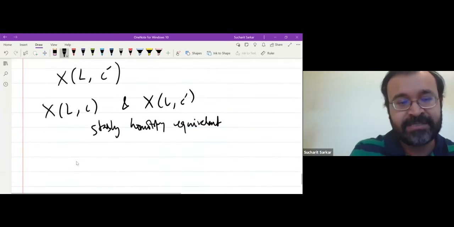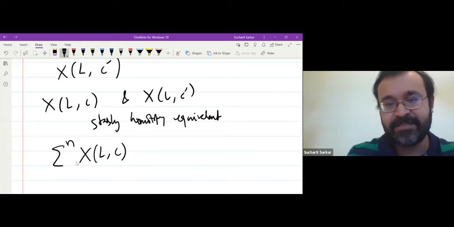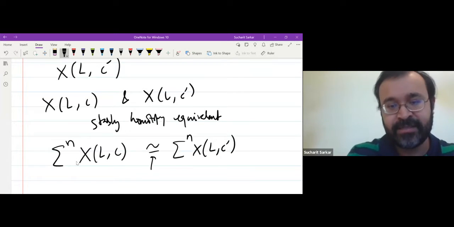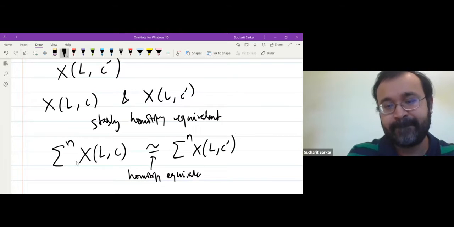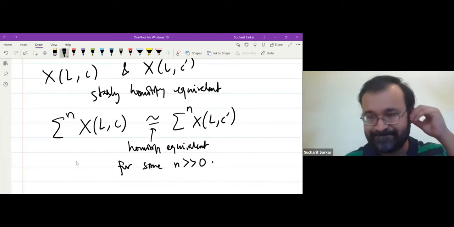That means that if I suspend this one n times, and suspend that one n times, then they are homotopy equivalent spaces for some n sufficiently large. Good? Is that okay?